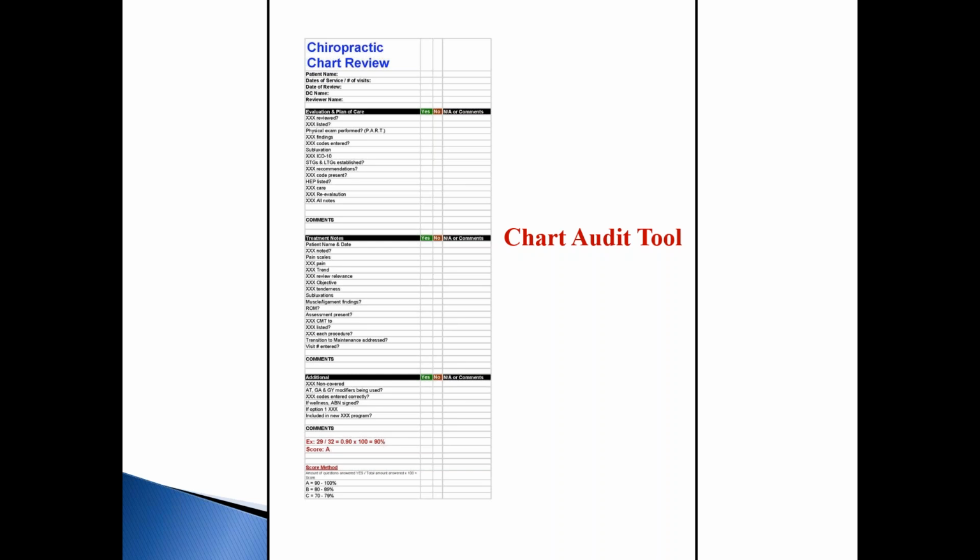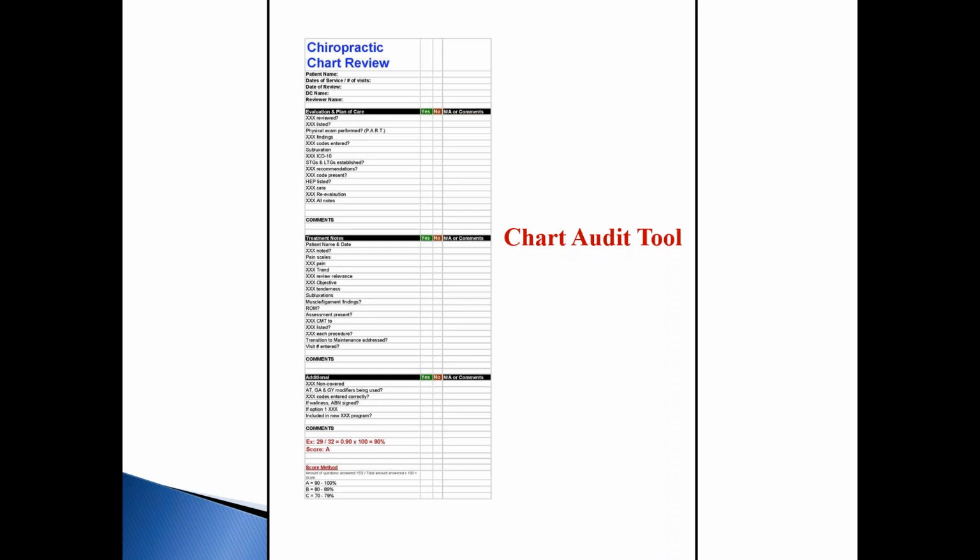In this example, 32 questions were asked. 29 out of 32 were answered yes. This equates to 90%, or an A. 29 divided by 32 times 100 is 90, so A is 90 to 100.